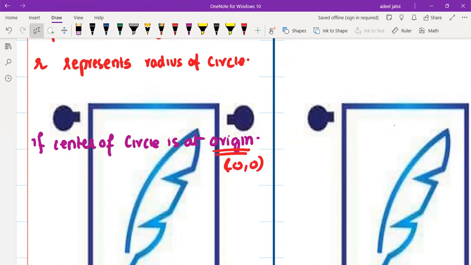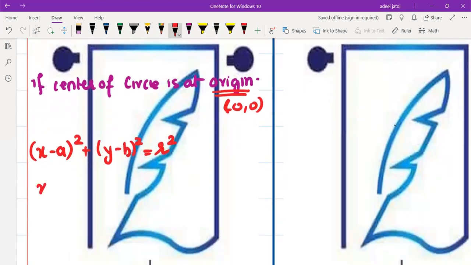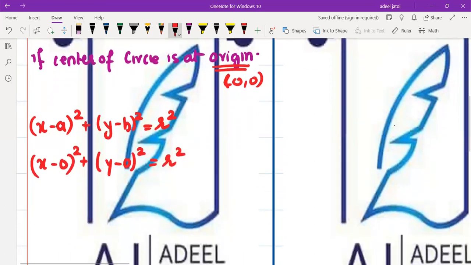So the equation that can be written down, (x − a)² + (y − b)² = r², will be (x − 0)² + (y − 0)² = r². So the final equation will be x² + y² = r².